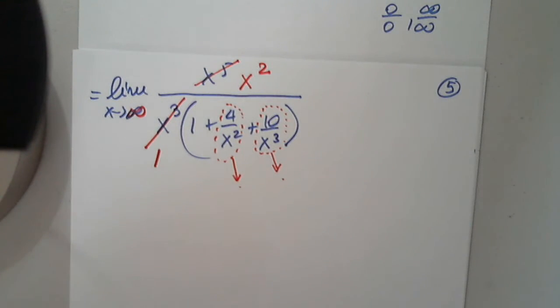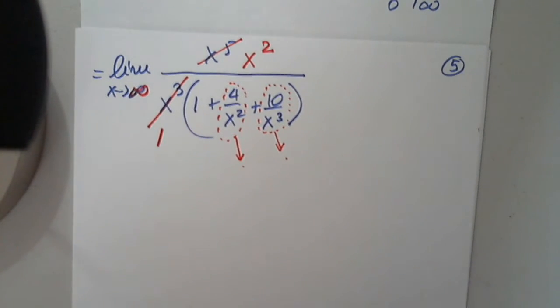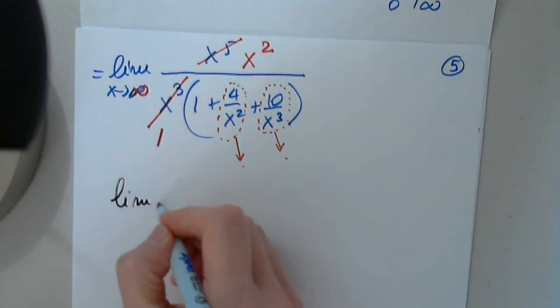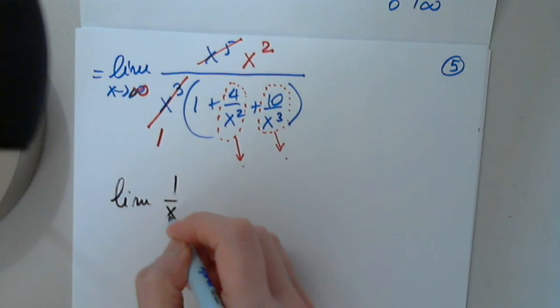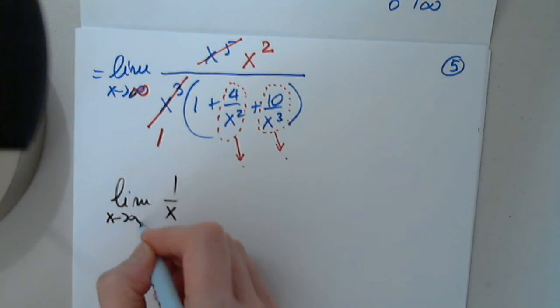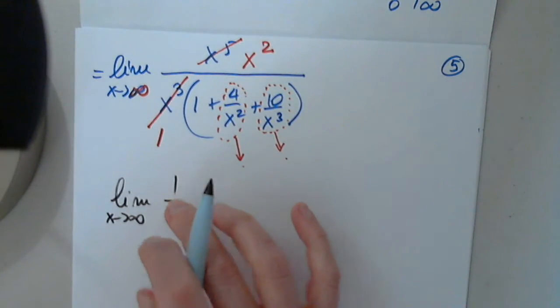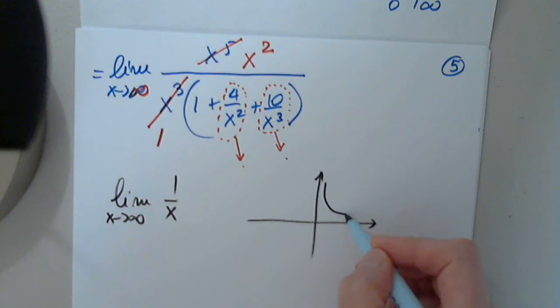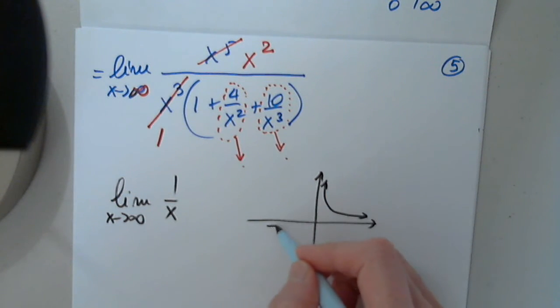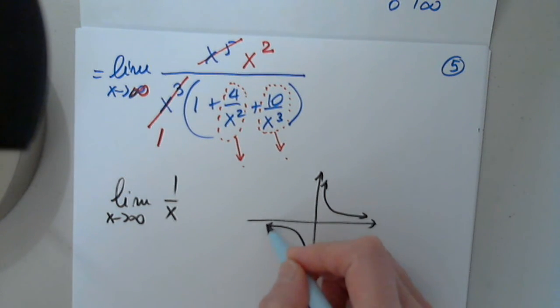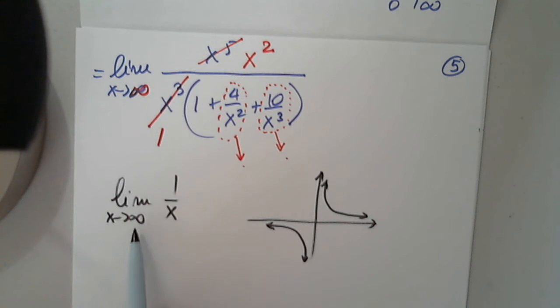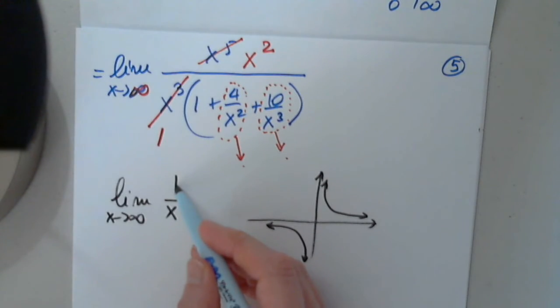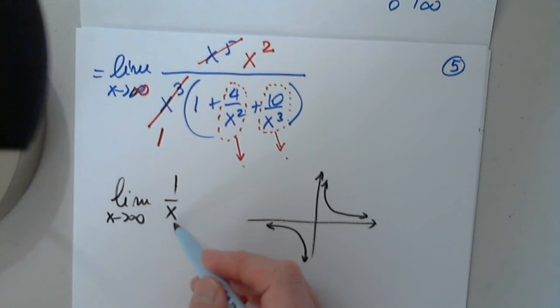So if we have the limit of 1 over x as x approaches infinity, let's take a look at the graph. As x approaches infinity, a number over a big quantity, what will this approach?